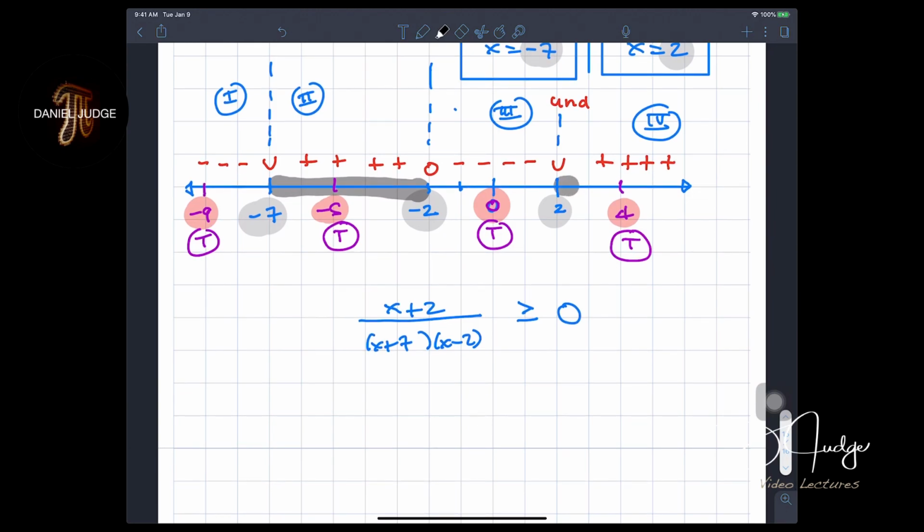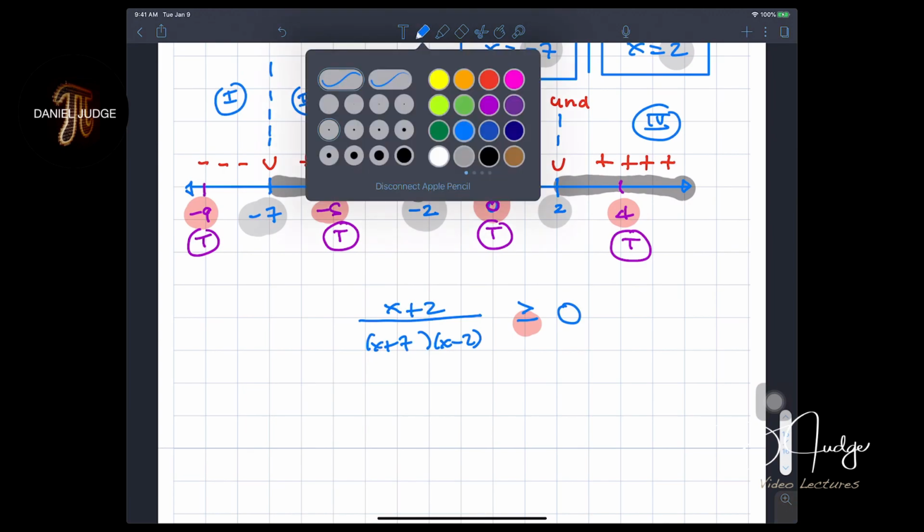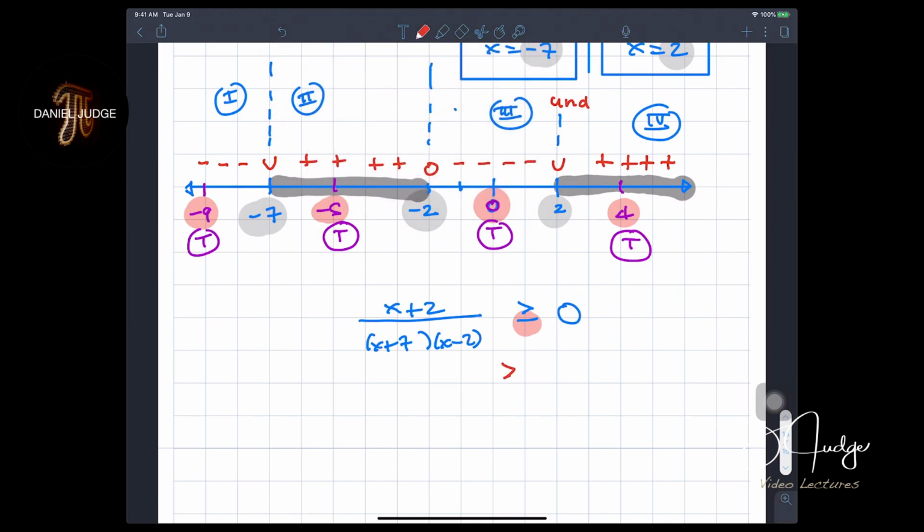And this is region 4 right here. These are the values of x that make that fraction positive. So you got this region 2, region 4, or the positive regions. And then you say, oh, okay, well, what's the meaning down here? It's not just positive, right? This is equal, because this is the greater than or equal to 0. So greater than 0 or equal to 0.